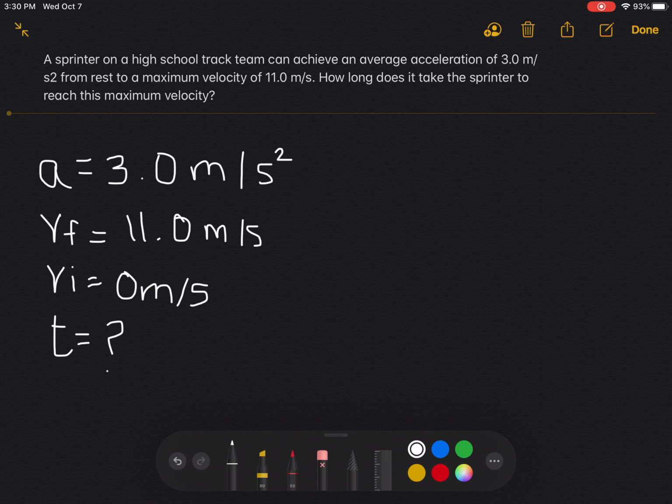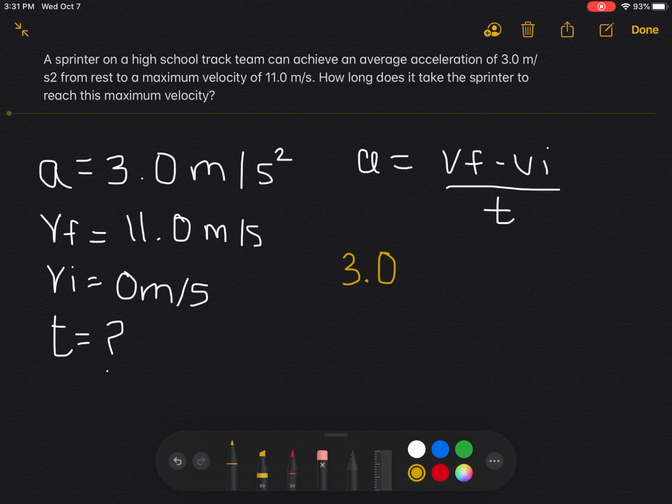If we look back to our formula, A is equal to VF minus VI divided by T. We can plug in the pieces of information we have to solve for T. For A, our piece of information is 3 meters per second squared. I'm just taking off the units to figure out the math, mostly because I don't want it to confuse you with more letters there.